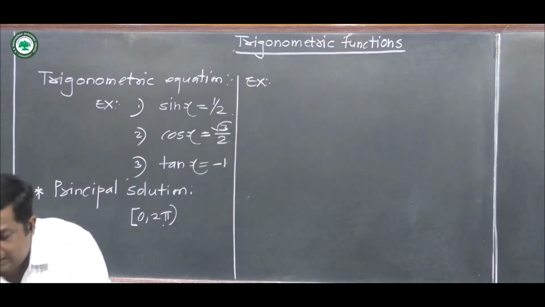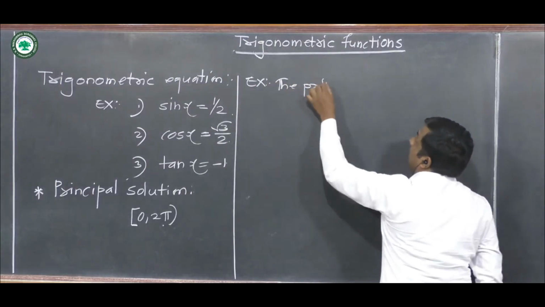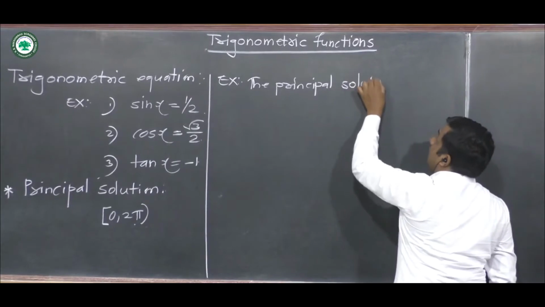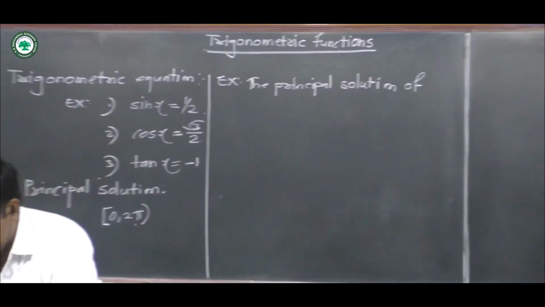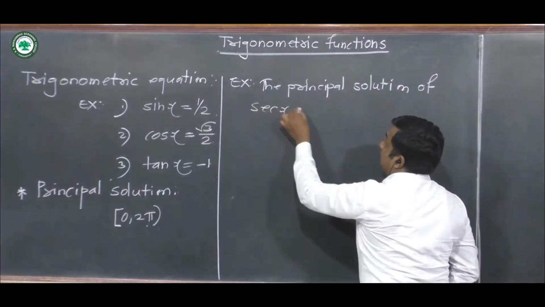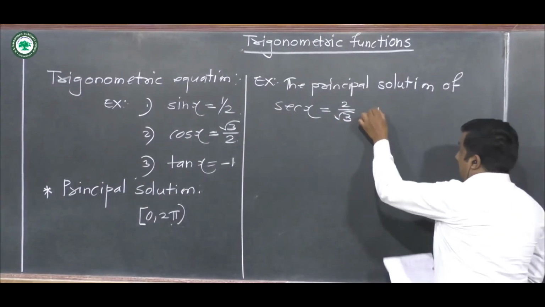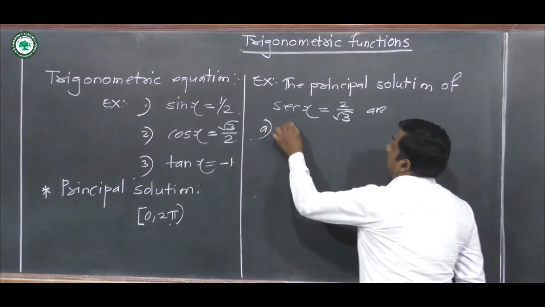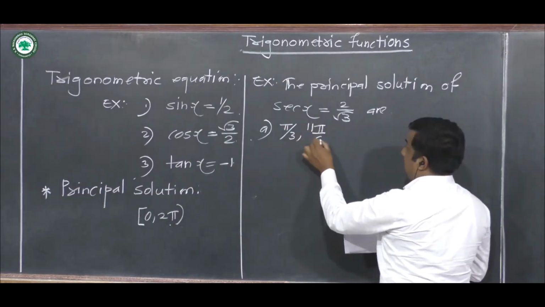Here in the first, the principal solutions of sec x is equal to 2 upon root 3 are, in the first option, pi by 3 and 11 pi by 6.